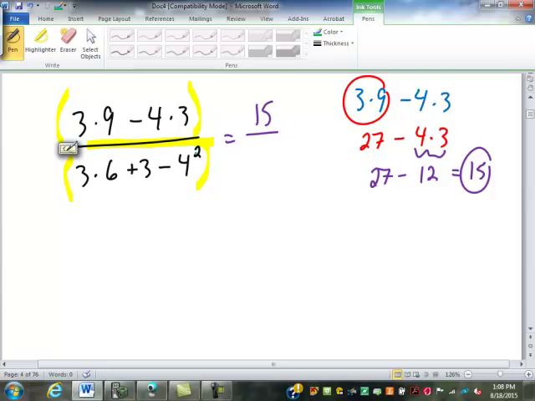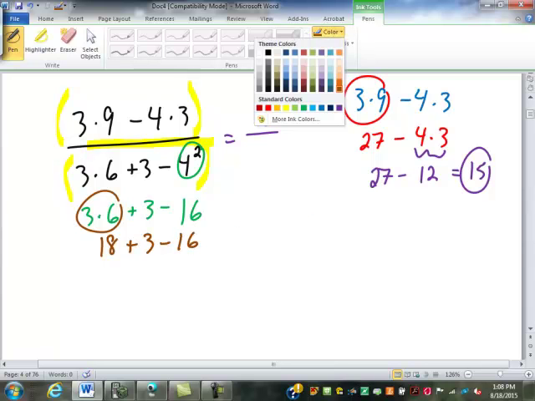Okay, so on bottom, we have to do the power first, the exponent first. 4 squared is 16. And then multiply. 3 times 6 is, not everybody at once, plenty of time for everyone to participate. 18, there we go.